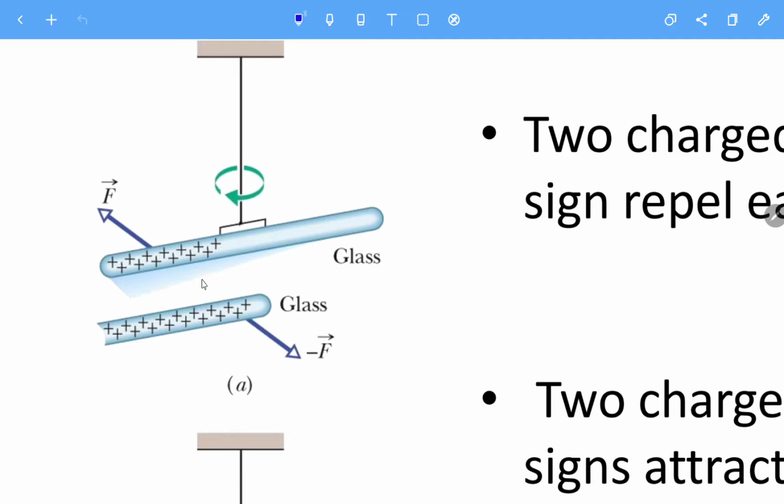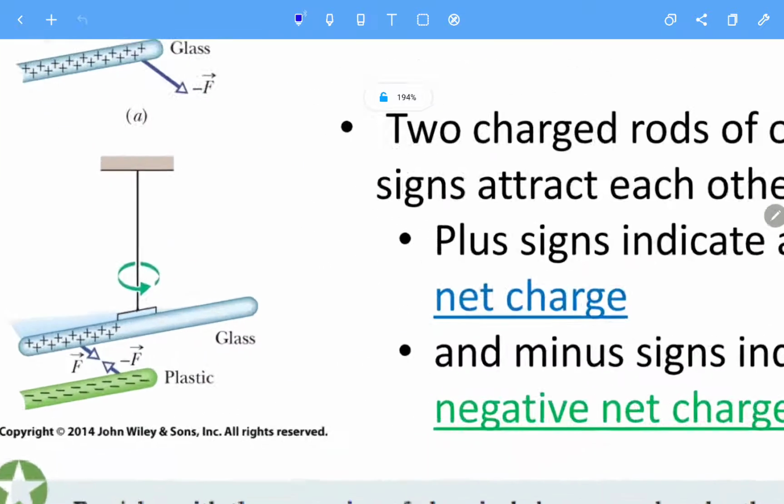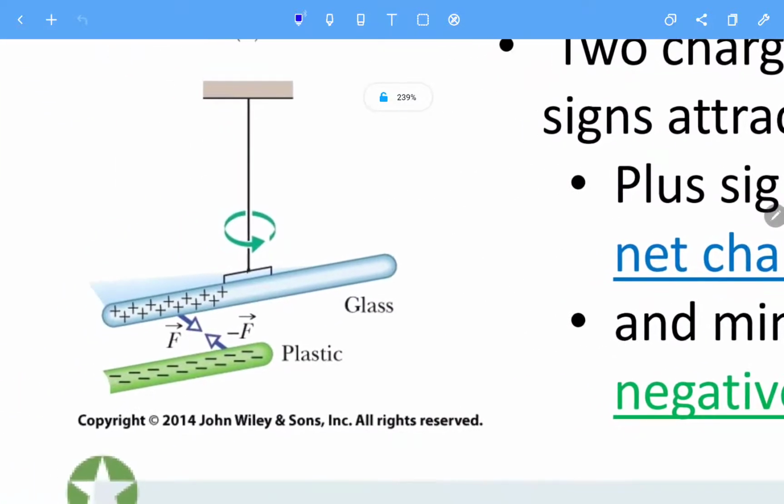And as they have the same polarity of charge, they will repel each other. And for the bottom one, still the glass rod has positive charge, but the plastic rod has a negative charge. So they have opposite polarity, so they will attract each other.